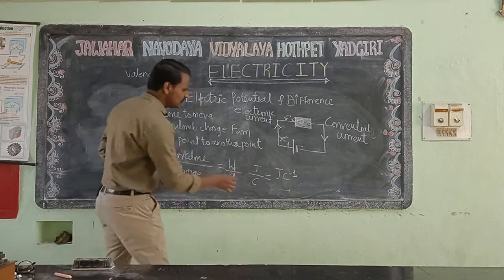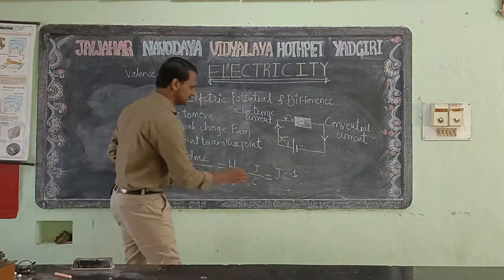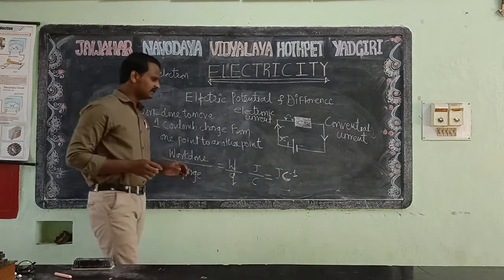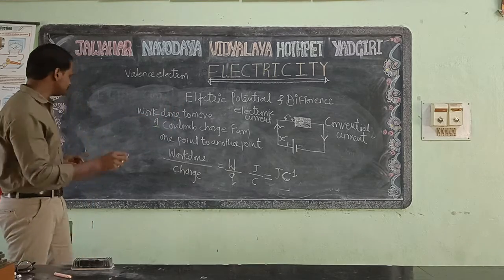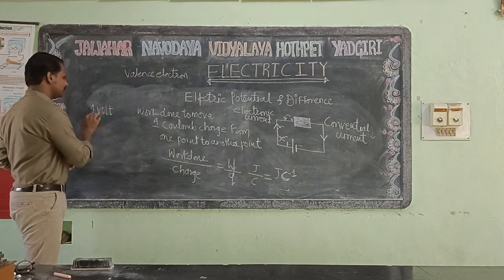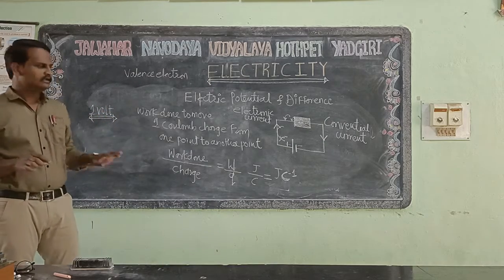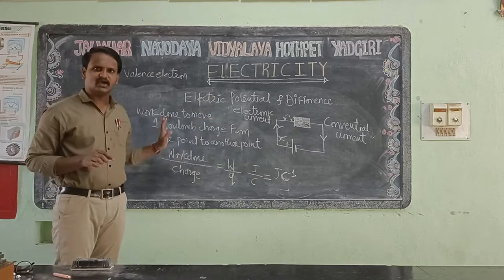Okay. Now it is a capital C, not a small c. The other SI unit of potential difference is volt. It is also called 1 volt. For the honor of the scientist Alessandro Volta, we consider the SI unit of potential difference as volt.